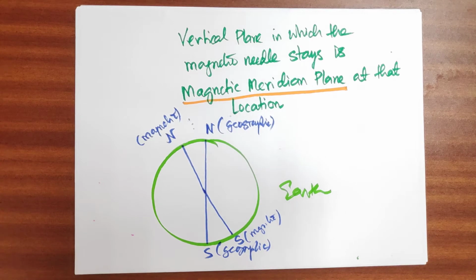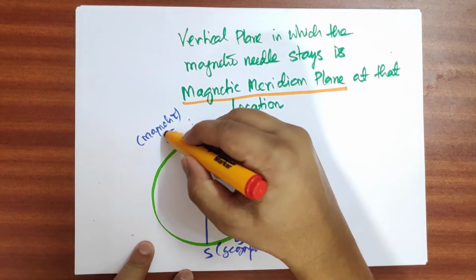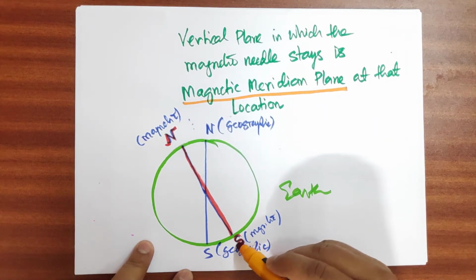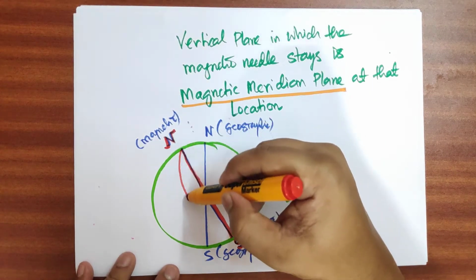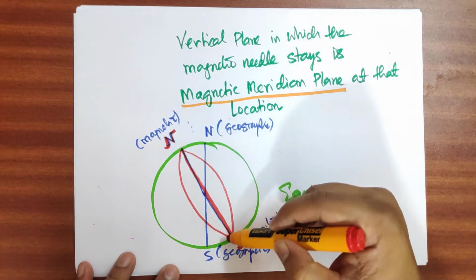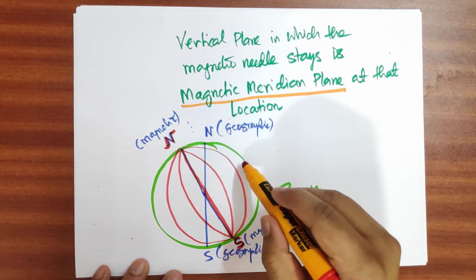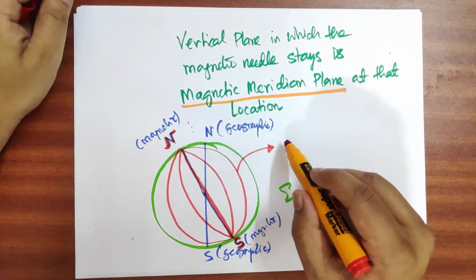Now I will draw the meridian lines, red for the magnetic and blue for the geographic. These are longitude lines, right?